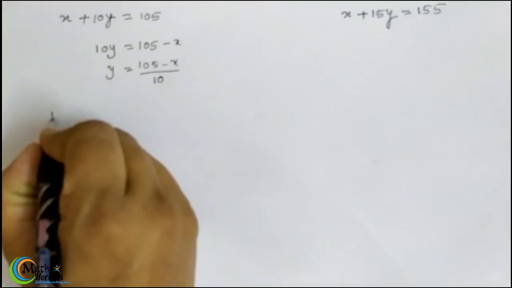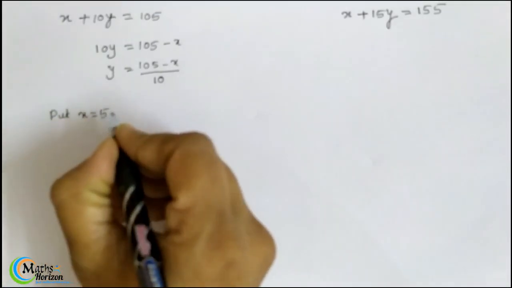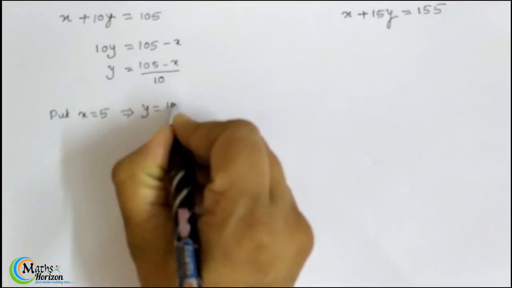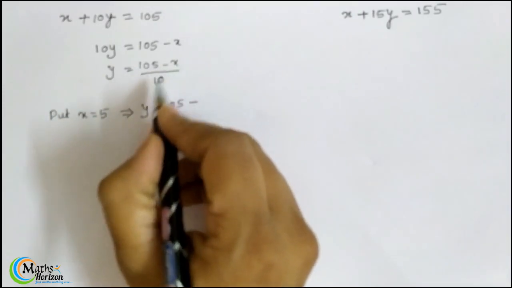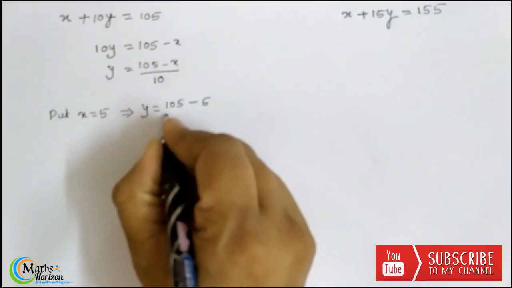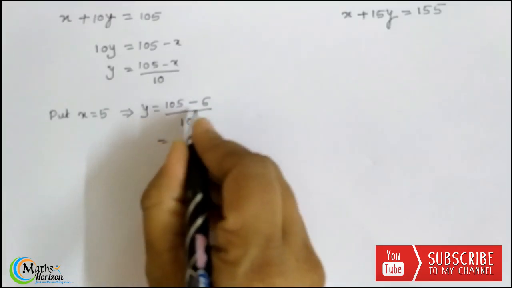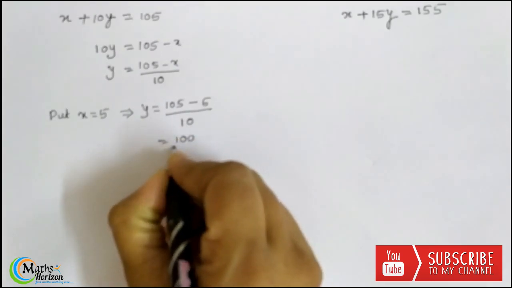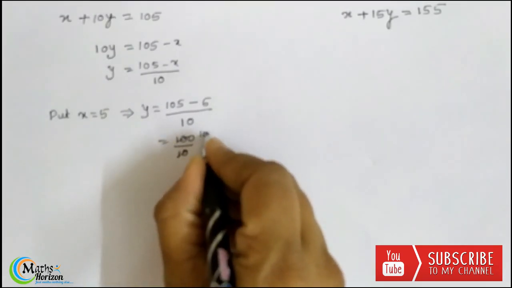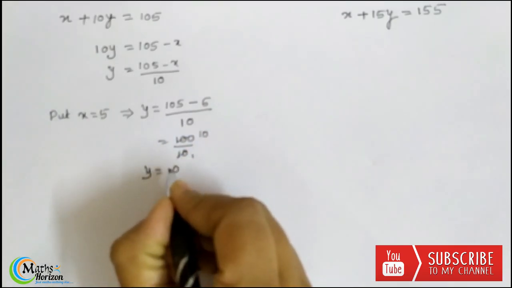Now let us put x is equal to 5, which implies y is equal to (105 minus 5) divided by 10, substituting 5 in the place of x. 105 minus 5 is 100 by 10. So 10 ones are 10, tens are 100. So the y value is 10.